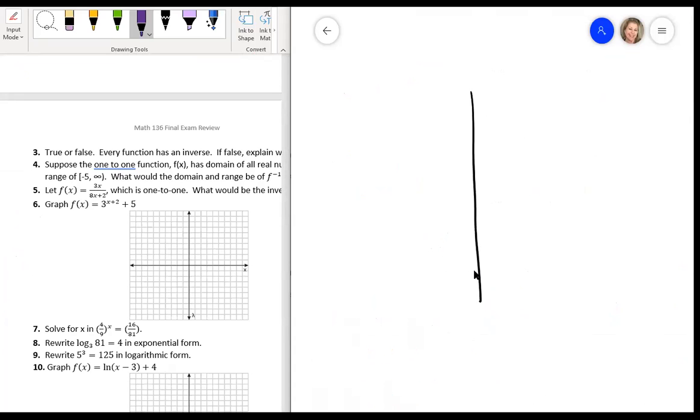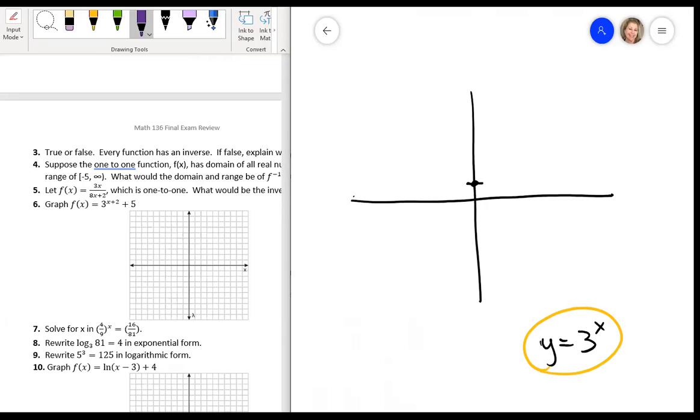Okay. I always start out with the basic graph of y equals 3 to the x. That is an exponential graph. They go through (0, 1) right here. They run along the x-axis and then they curve, go through (0, 1), and then they shoot up.